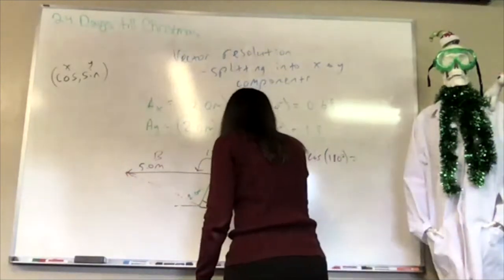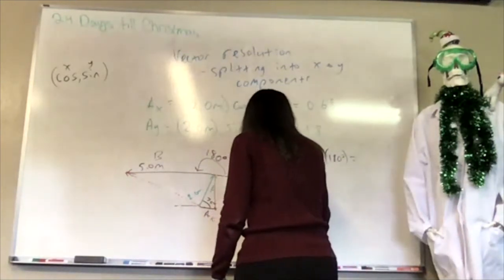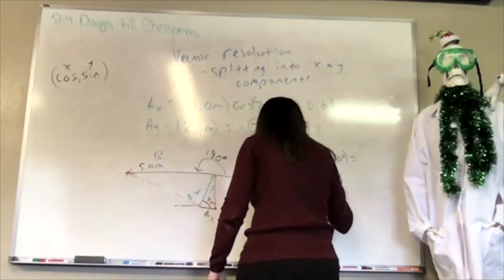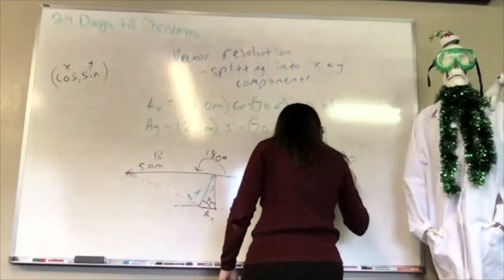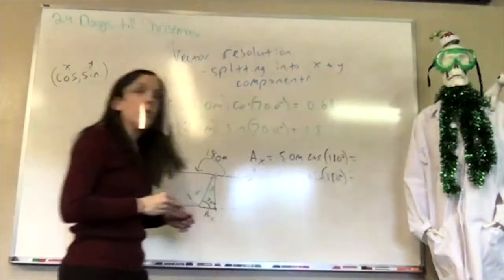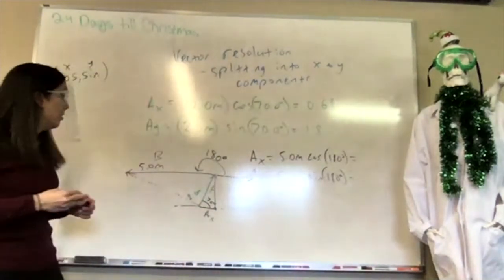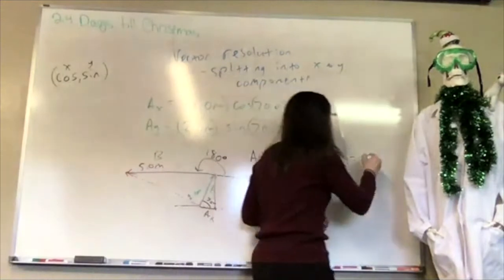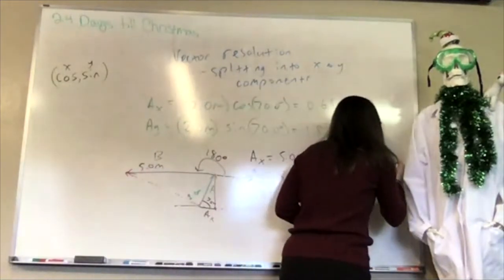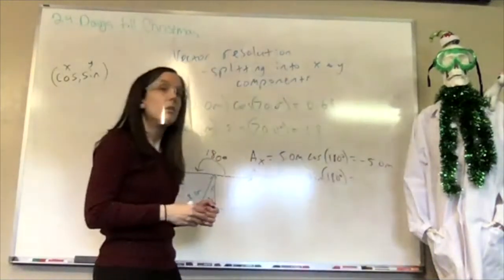And then A of Y is equal to 5 meters times sine of 180. What do we get for those? The first one is -5. Good. The second one's 0.